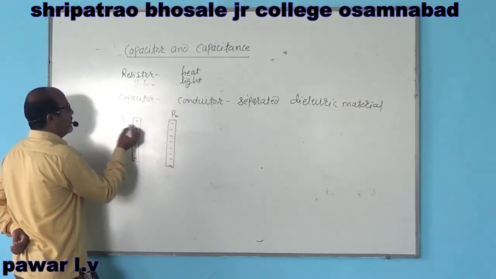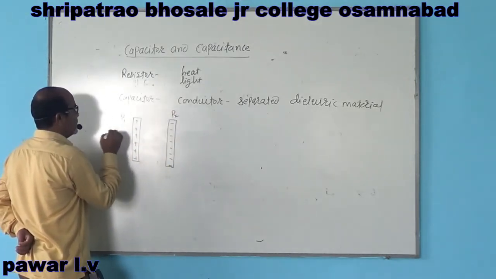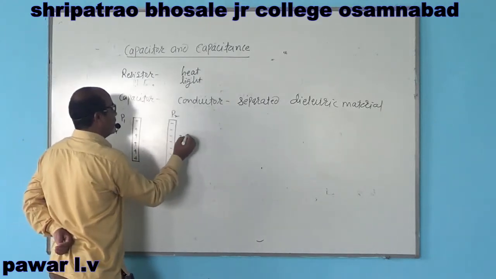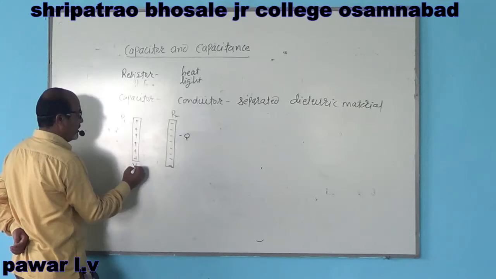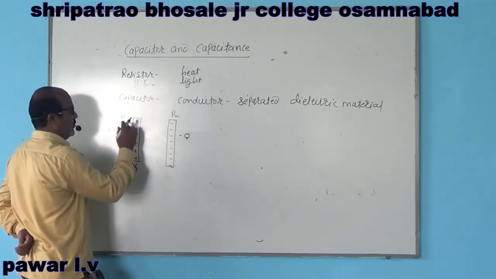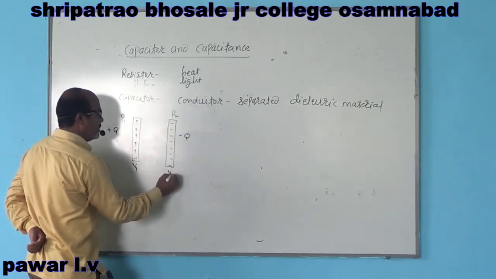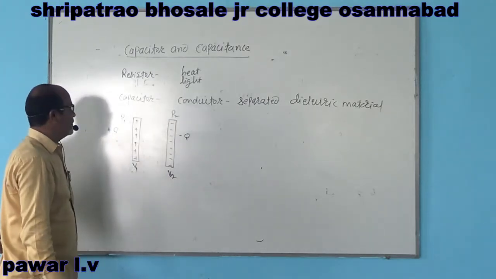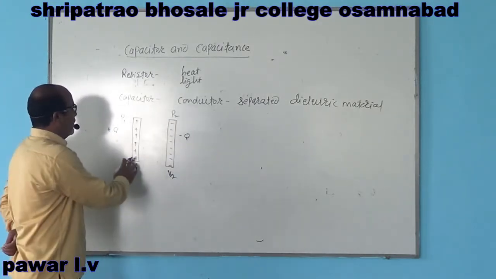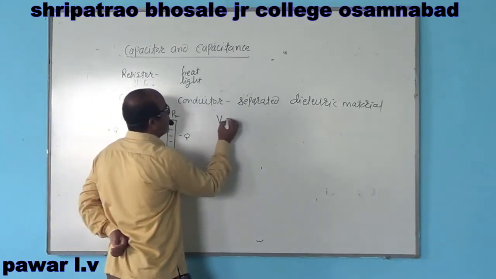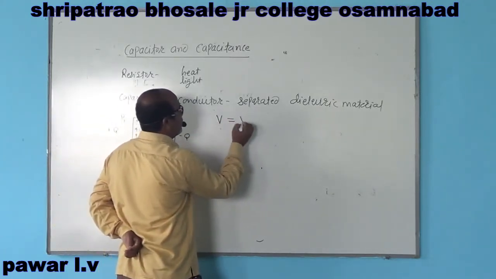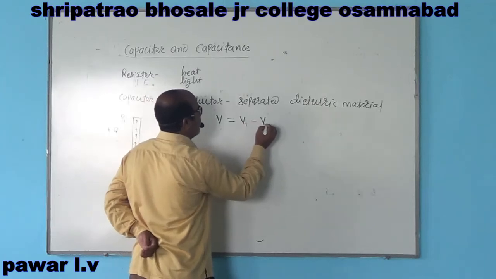If charge on plate P1 is plus Q, charge on plate P2 is minus Q. V1 is electric potential on plate P1, V2 is electric potential on plate P2. So net electric potential of arrangement V equals V1 minus V2.